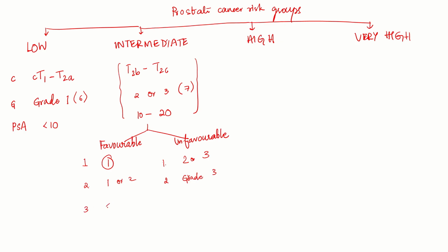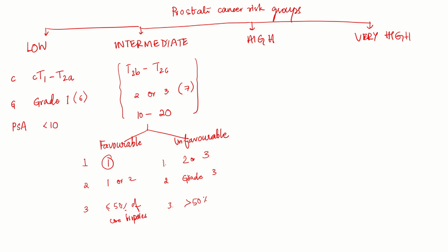Or if the tumor tissue is present in less than 50% of core biopsies. If the tumor tissue is present in more than 50% of the core biopsies, then it is considered as unfavorable intermediate risk group.